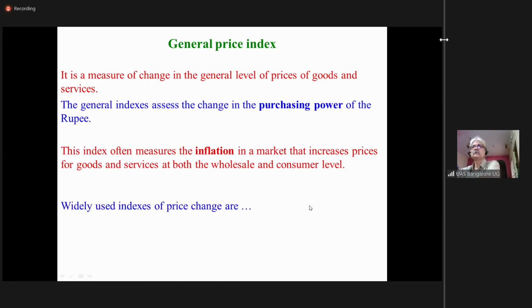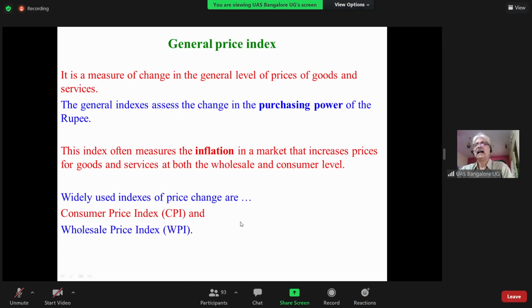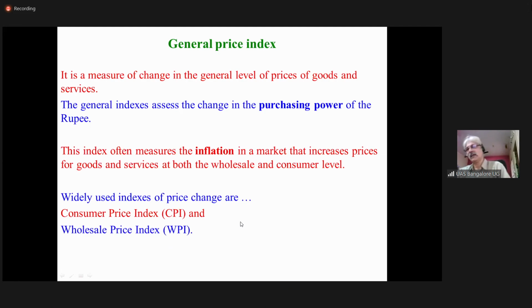Okay, widely used indices of price changes are consumer price index, the abbreviation is CPI, and wholesale price index, WPI. Consumer price index, what the consumers pay at the retail level, and wholesale price index, what is the price of the commodities in the wholesale market.